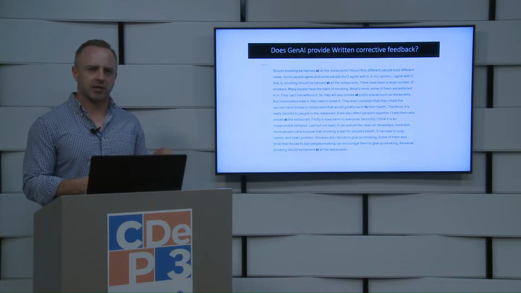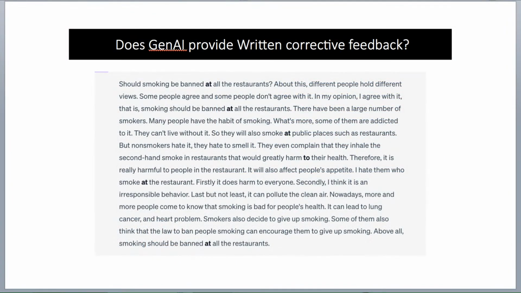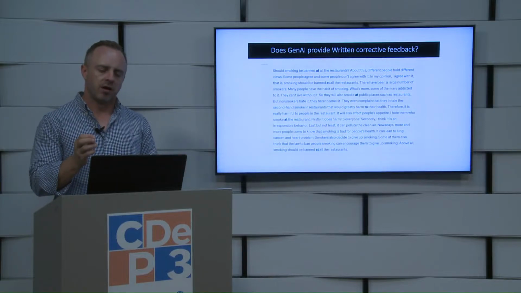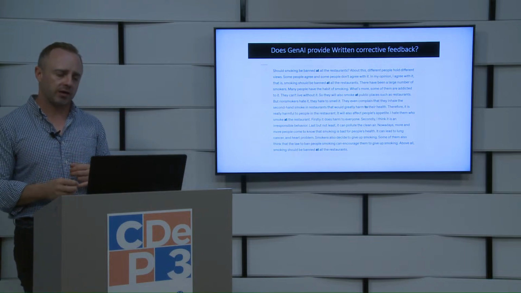For example, I have a master's student at the moment who's done a paper talking about generative AI's corrective feedback on second language writing. So we gave generative AI, or ChatGPT specifically, some texts from students that contained errors. We asked the software to correct those errors using a special prompt that we piloted.